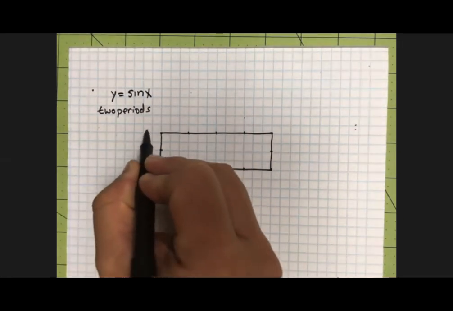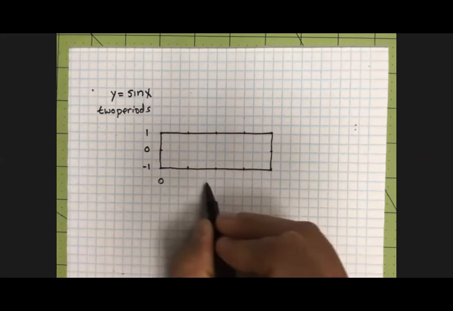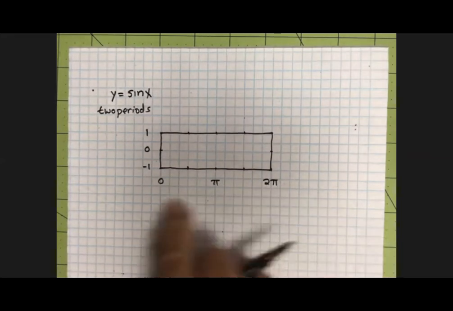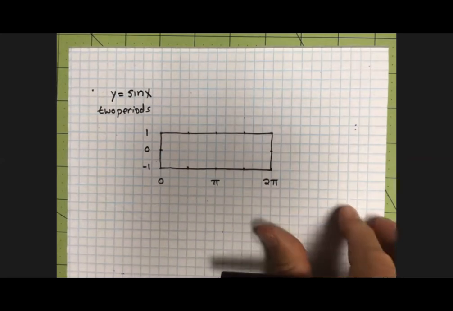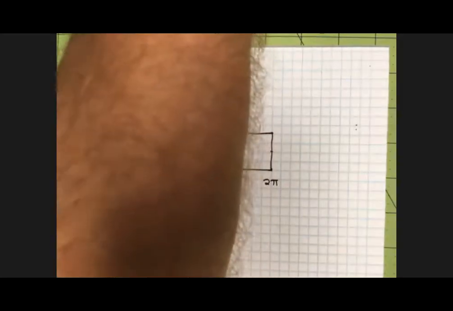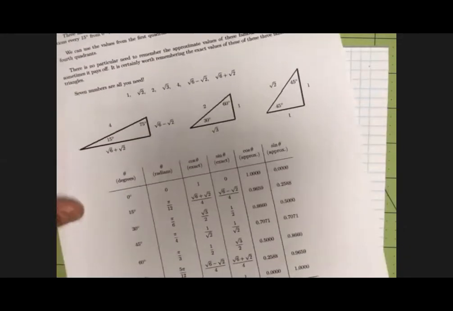Let's mark this box at 1 and -1 and 0, pi, and 2 pi. Right now, I'm not going to make this box any busier because that would be distracting. But I know the values of sine from this exact value handout.